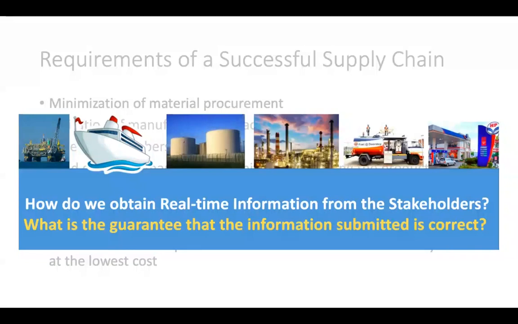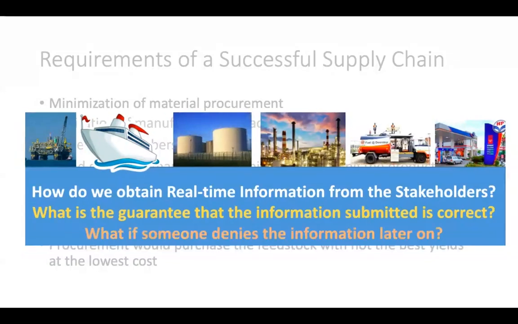So it requires some procedure, some method, some rules, some trust should be defined. And third, to reach a successful supply chain system, what if someone denies the information later on, saying no, I haven't given any information, this is not me? Then how to handle that?